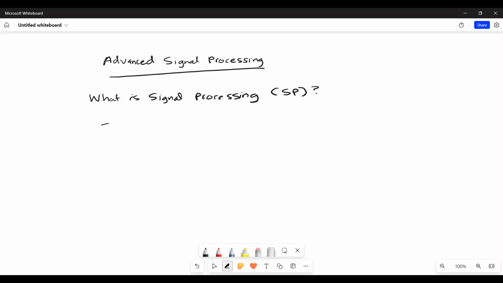Signal processing involves the transformation of signals to enhance the characteristics of the signal.